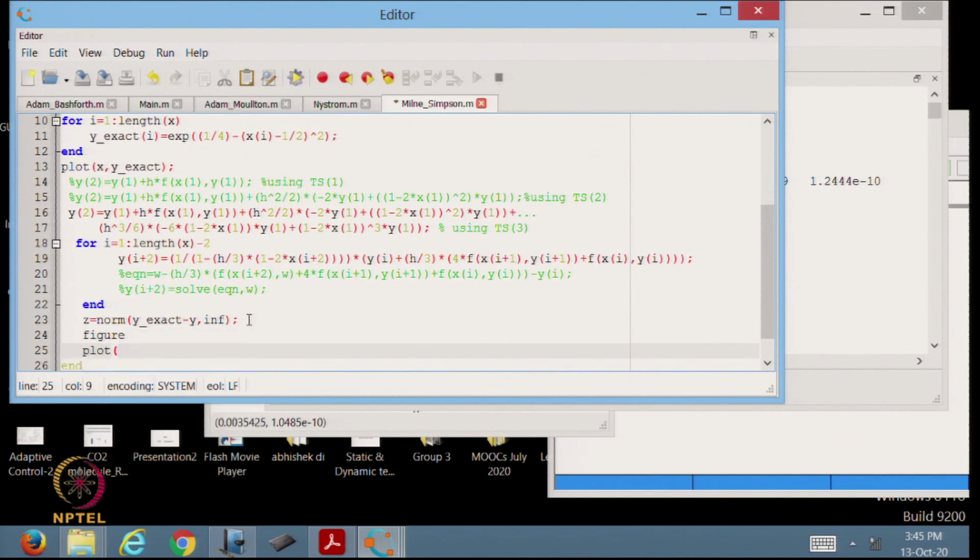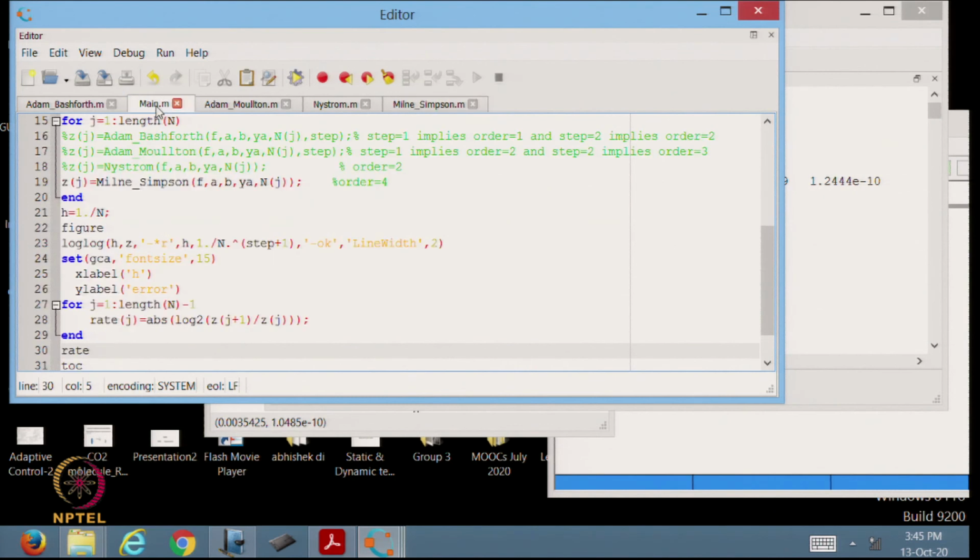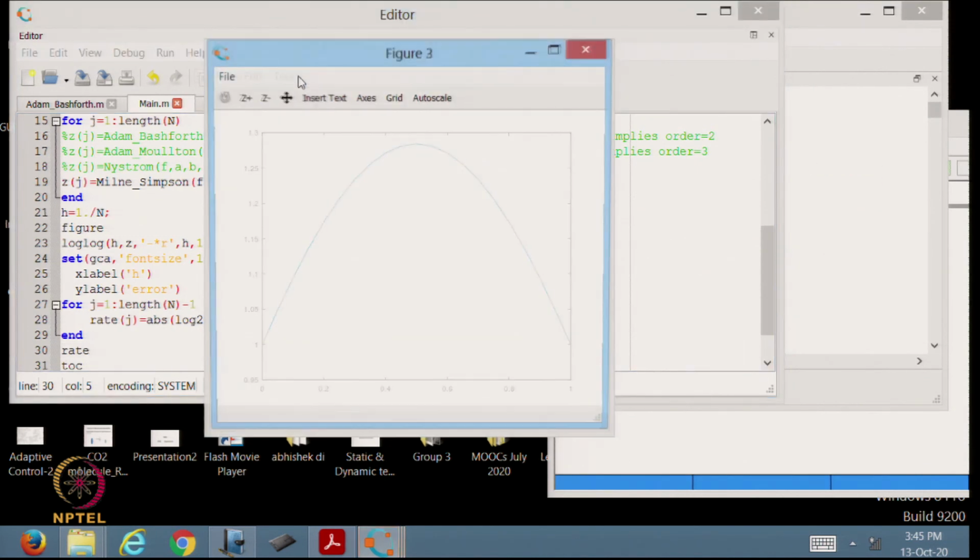Plot x into y. Okay. So, yes, now I can run. I will also see the exact and numerical solutions.